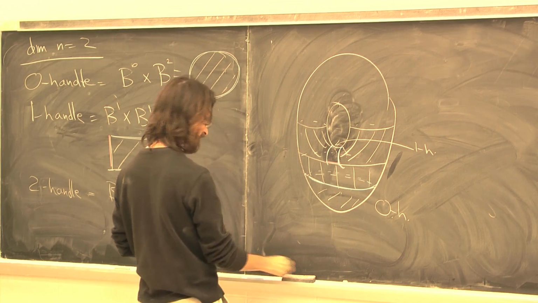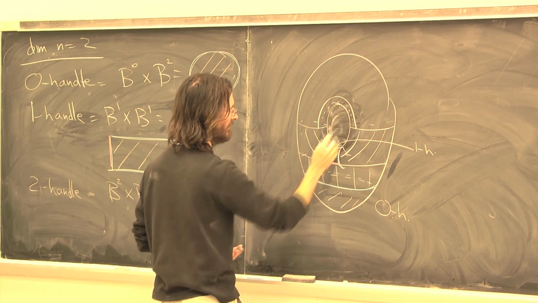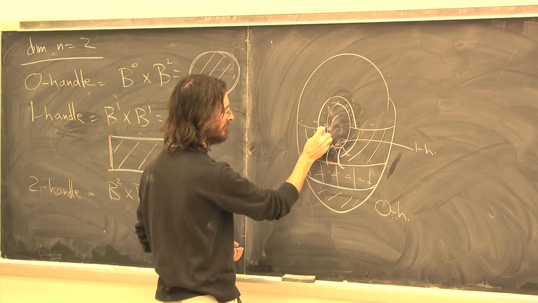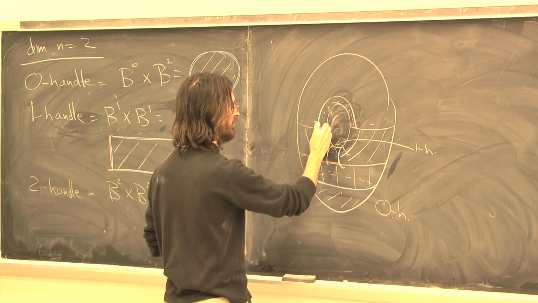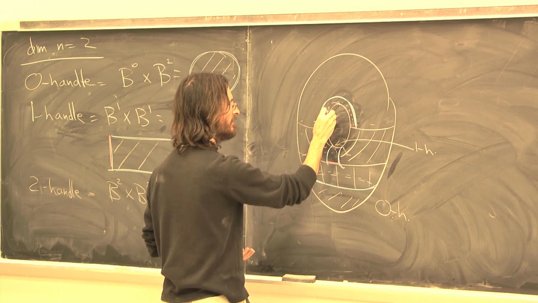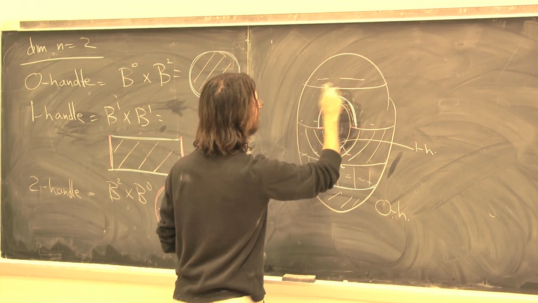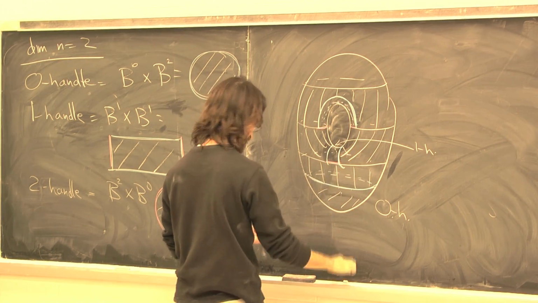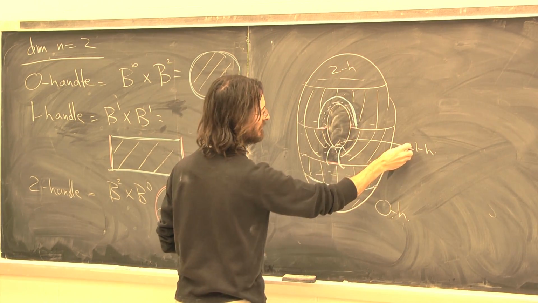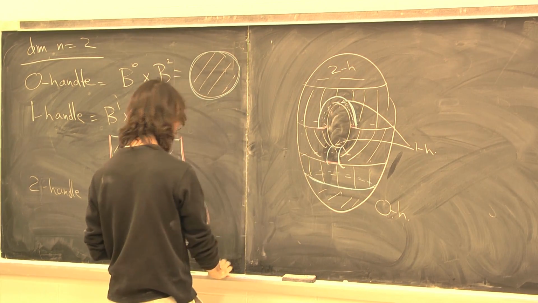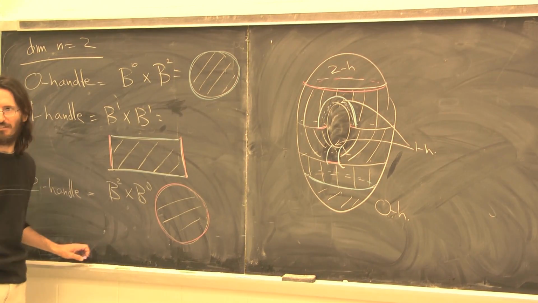Then we have another handle which goes the other way, so it's another 1 handle. We got there, and then another product. And finally, the 2 handle at the top, where they all meet. And that closes it up.